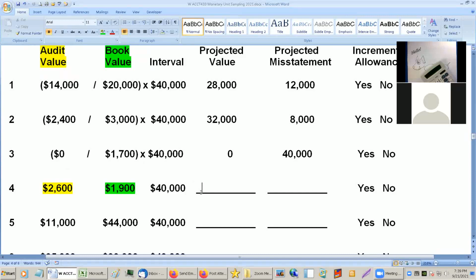And because the audit value is greater than the book value, this method isn't supposed to find these. So in this case, the projected value is 40,000. The projected misstatement is actually not a misstatement at all. It's a zero.